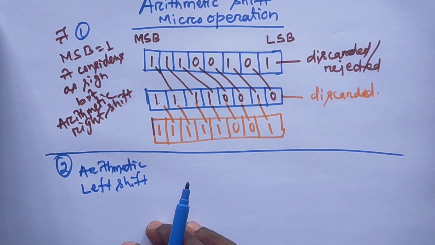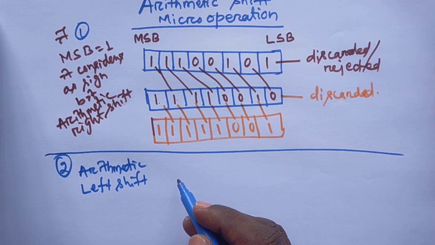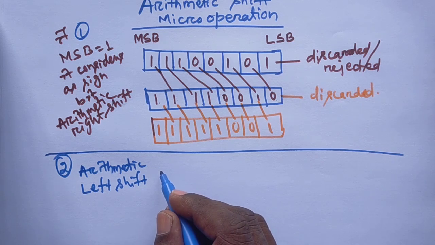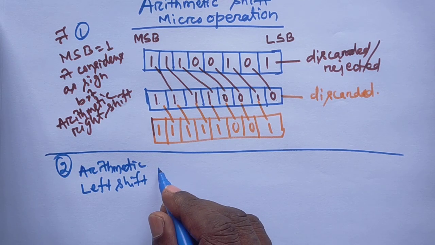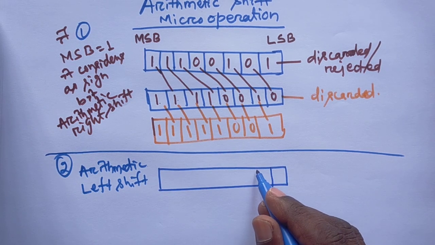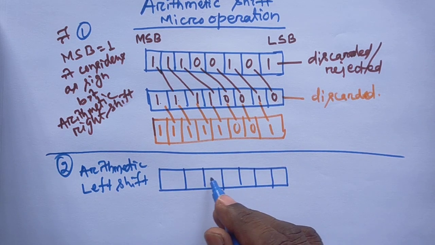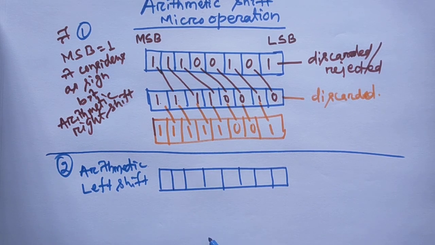Okay, arithmetic left shift. That means, if we go through it, you see how it is working. Left shift means right to left, sorry, how it is working. Here you see, in a very simple way, suppose we consider 8 bits: 1 2 3 4 5 6 7 8.